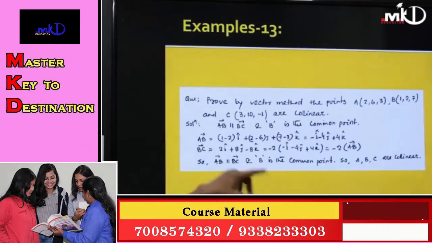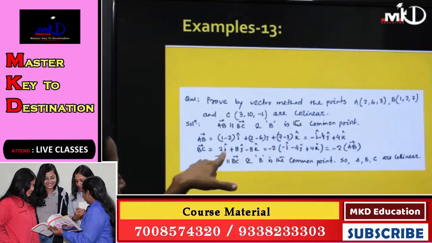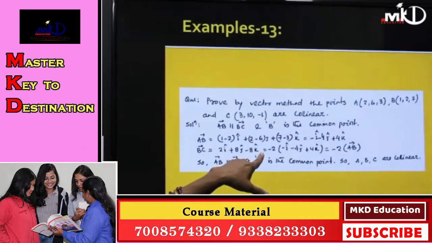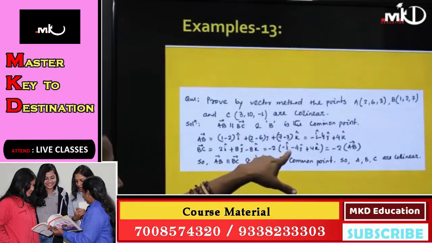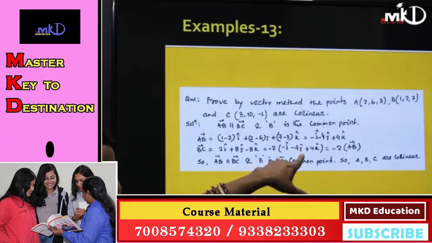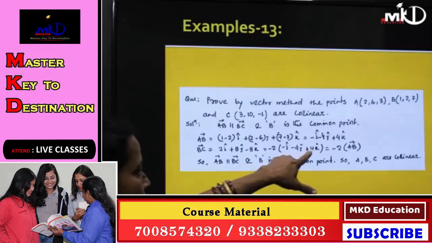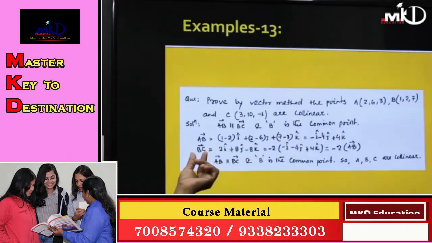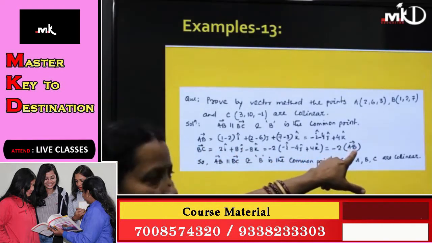In the same way, from the position vectors we find it is equal to 2i cap plus 8j cap minus 8k cap. If I take minus 2 common, it is equal to minus 2 times (minus i cap minus 4j cap plus 4k cap), and this vector is already found to be AB vector. So we express BC vector as minus 2 times AB vector.